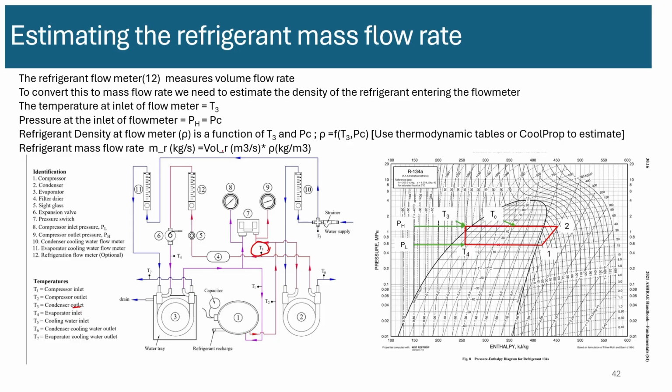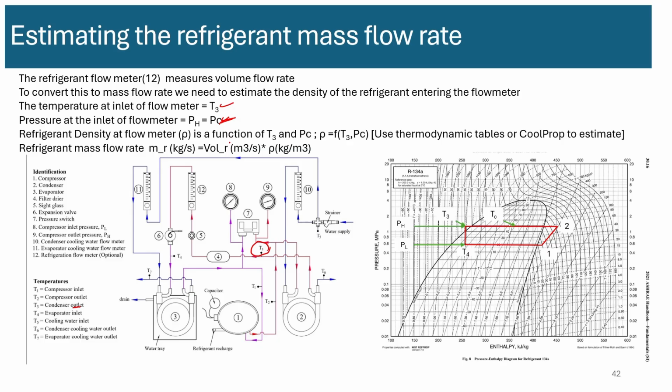So we'll use that as the inlet temperature for the flow meter. And what is the pressure? You can see that the pressure going to the flow meter is the red line, which is the high pressure, which is same as the condenser pressure, PC. So we know the T3 and we know the PC, we can figure out density, okay?